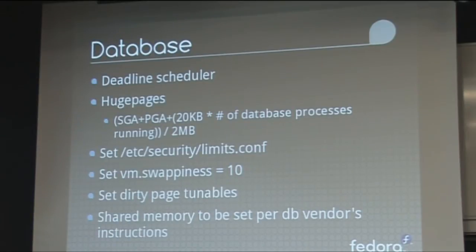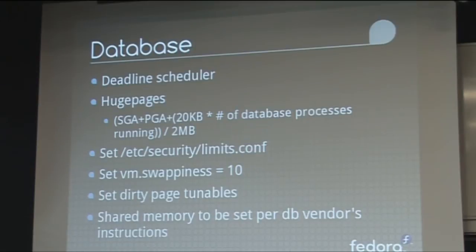If you're running a database load, once again, you'll definitely want to use the deadline scheduler. If you're running an Oracle DB, you can get your DB admin to get your SGA and PGA, and then you can calculate out the number of huge pages you'll want to use. Huge pages help greatly with databases that thrash your memory, because by using the larger page size, you don't have to do as much paging as you would otherwise.